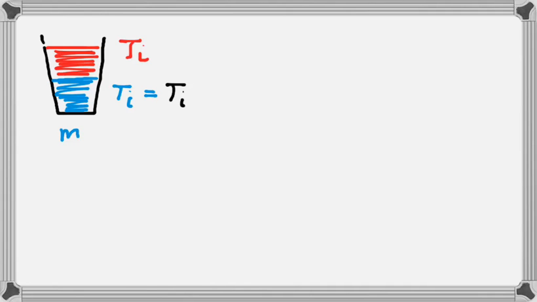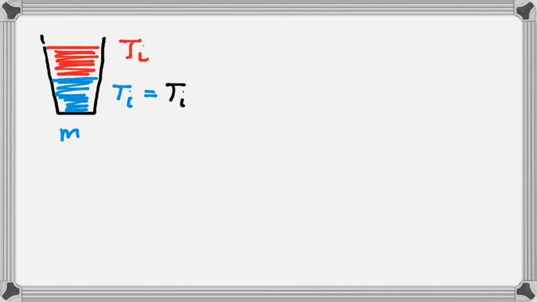What happens then is that the heat is transferred from the warm water to the cool water. And ideally, the cup, the calorimeter, would be left out of it, but in fact the calorimeter also absorbs some of the heat from the water.